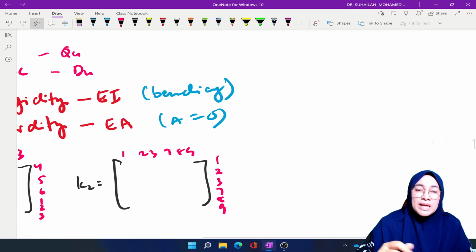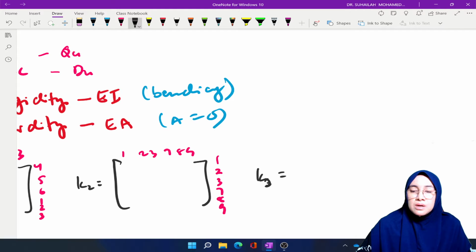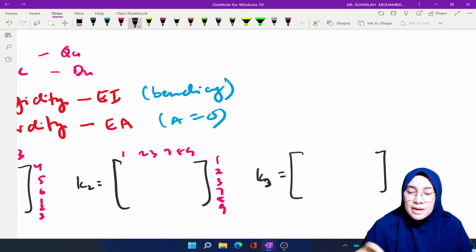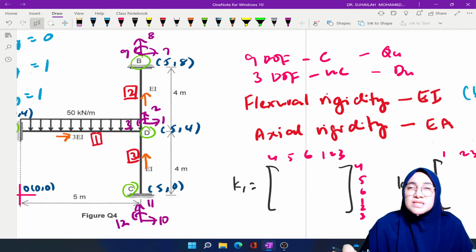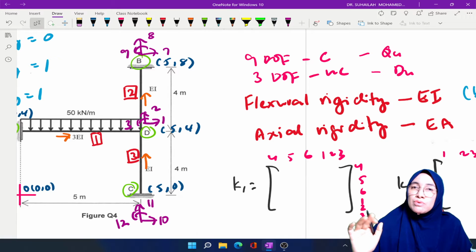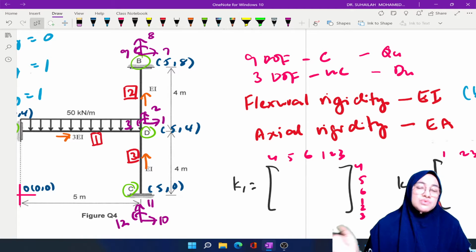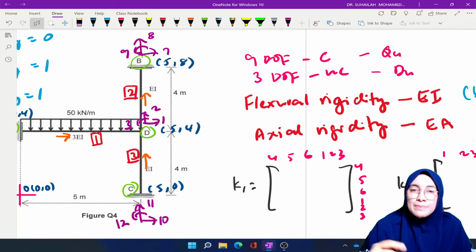For K3, I will not show all these values; you will do it by yourself. I just want to highlight the important things, the difference in frame compared to beam and compared to truss.